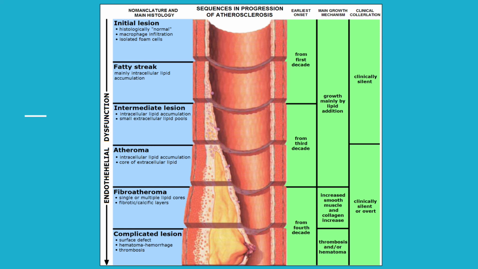This will slowly but surely reduce the vessel lumen diameter and disrupt the laminar flow of blood, and thrombosis will ensue, causing presentations such as acute coronary syndrome or stroke, depending on the location of the atherosclerosis.